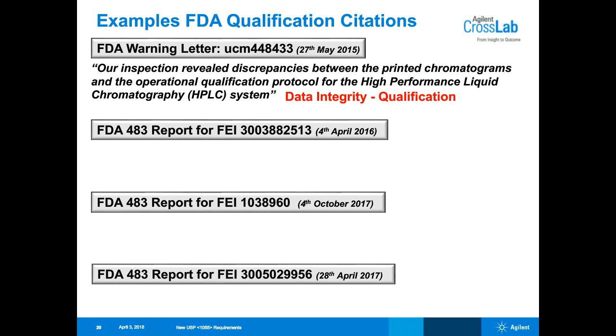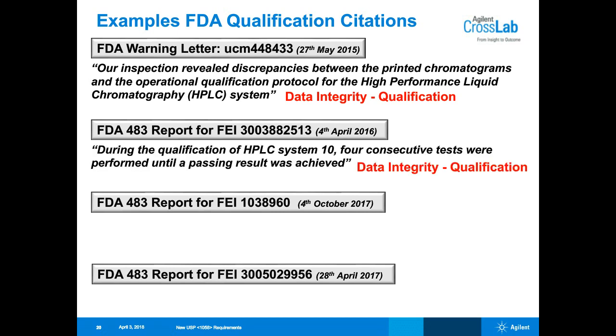The other 3 examples are from 483 reports. In this one it says, during the qualification of HPLC System 10, 4 consecutive tests were performed until a passing result was achieved, again indicating concerns about the data integrity of the qualification.